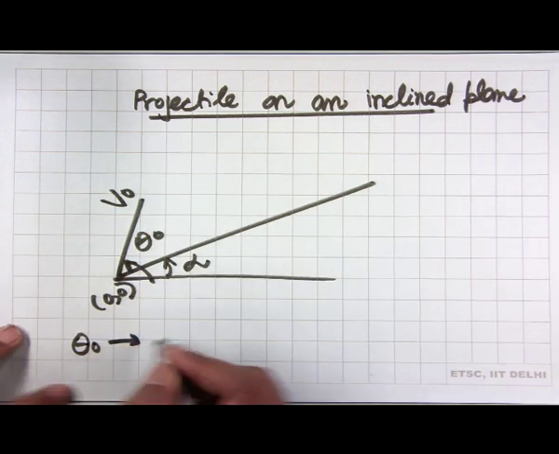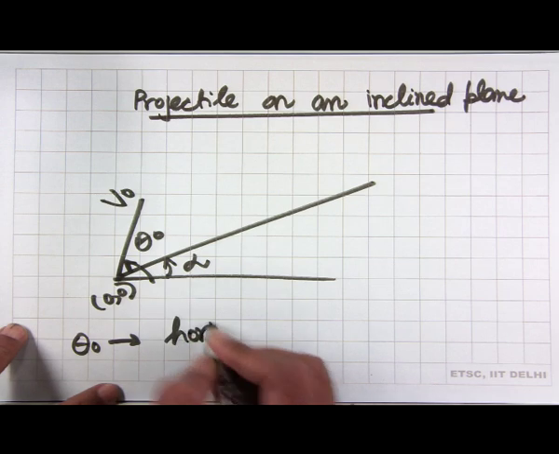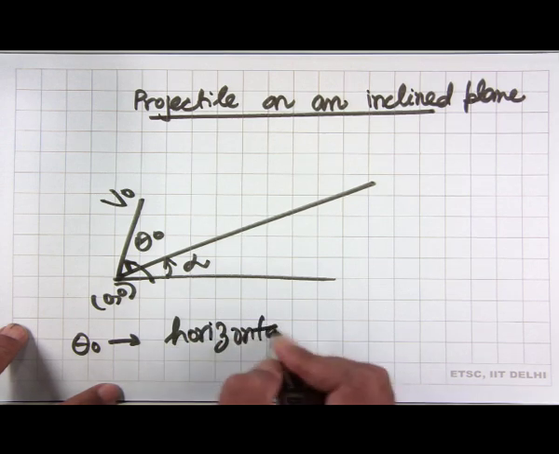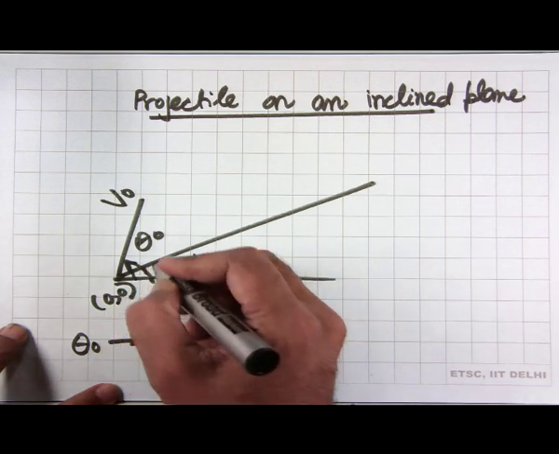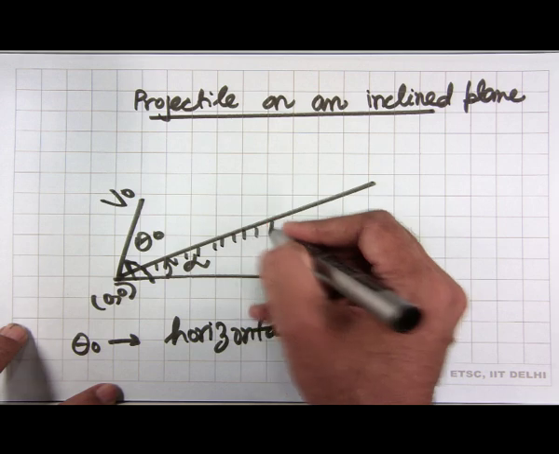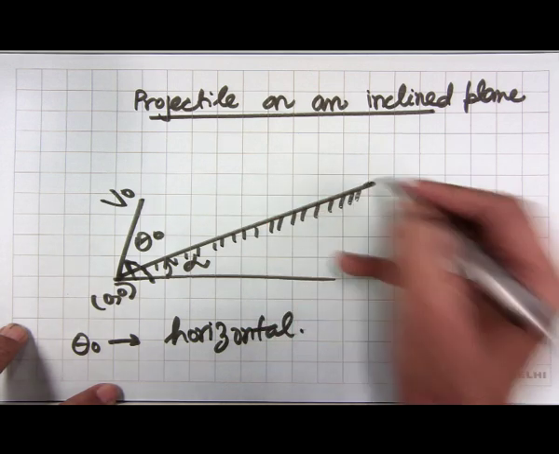So, theta 0 is the angle which the projectile makes with respect to the horizontal, and this is the incline along which the projectile is thrown.